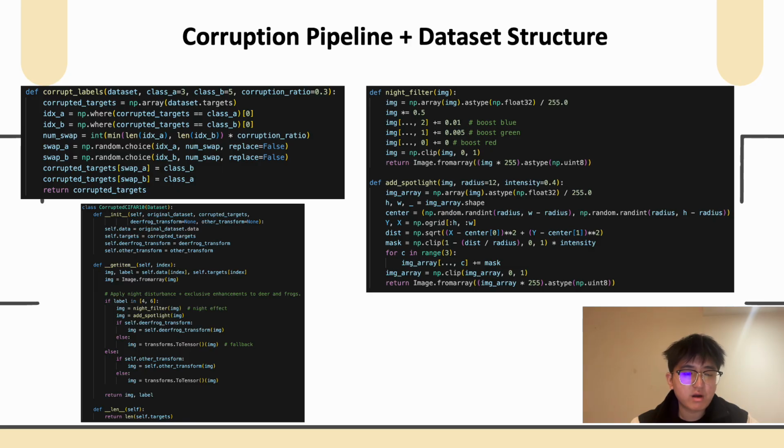At the bottom is our custom dataset class, CorruptCIFAR, which dynamically applies these transformations during training. This setup lets us corrupt only certain classes while keeping the rest of the dataset unchanged, giving us full control over how each image is modified. It's efficient, modular, and helped us create a controlled but realistic training environment.